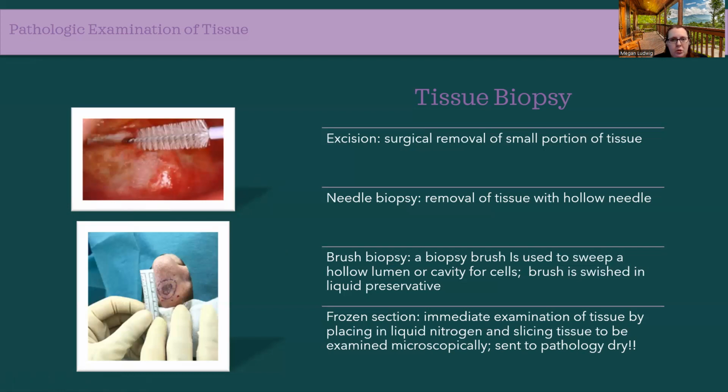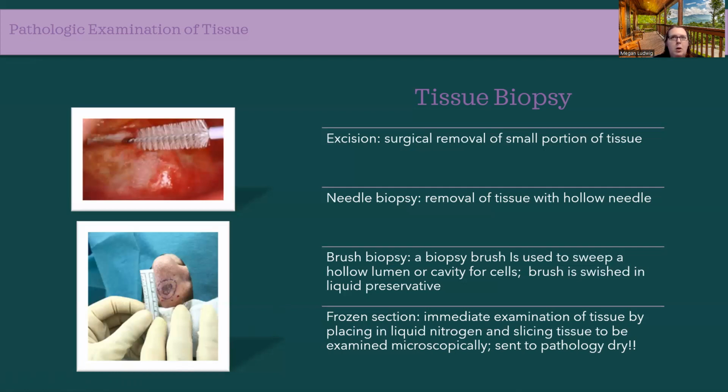Now that pathologist in the lab will look at it right away, and they're going to do that by placing it in liquid nitrogen, which will instantly freeze it, like a flash freeze essentially. And then they have a machine that will slice it microscopically. Then they can view those cells under the microscope.